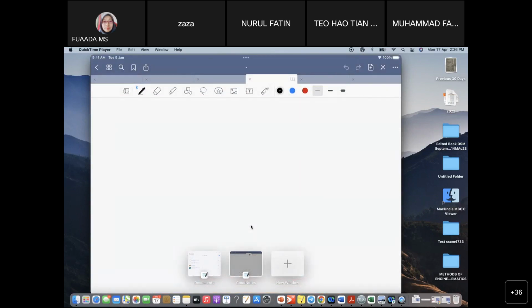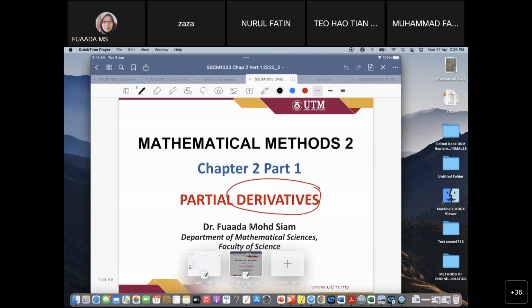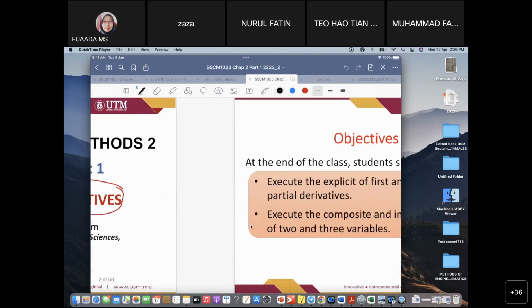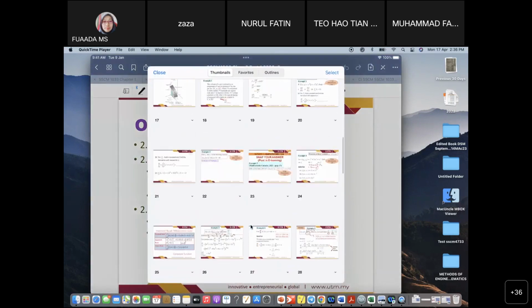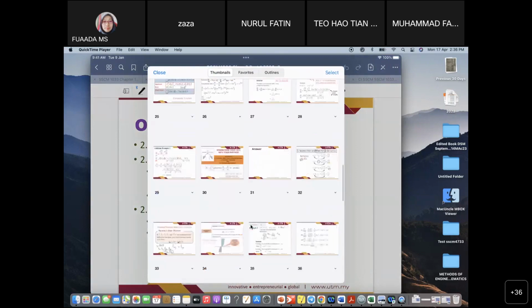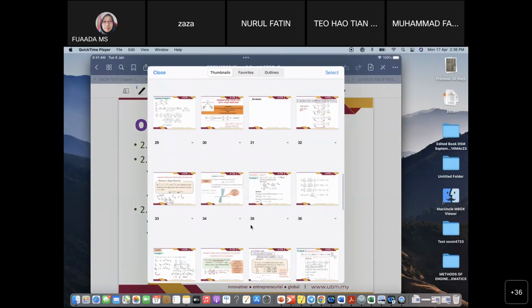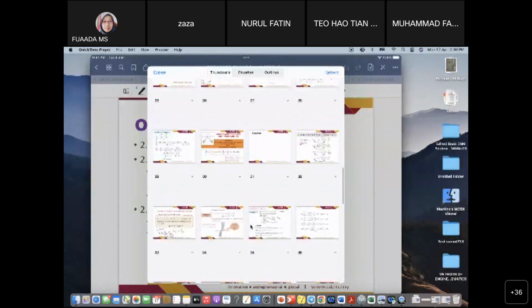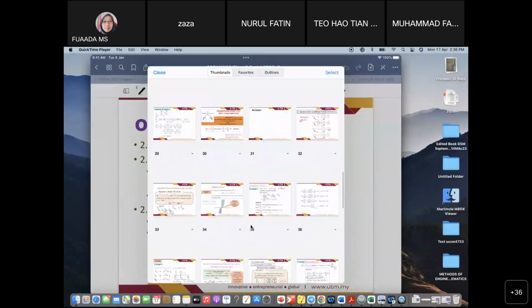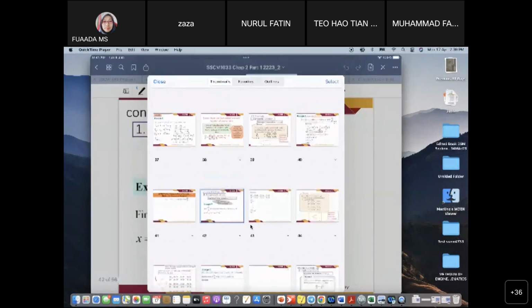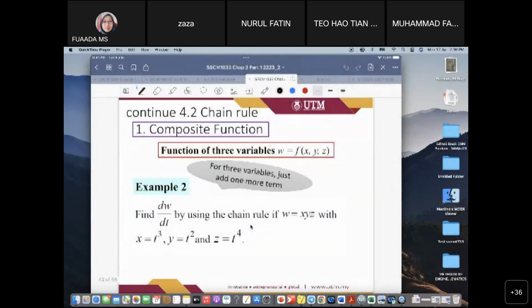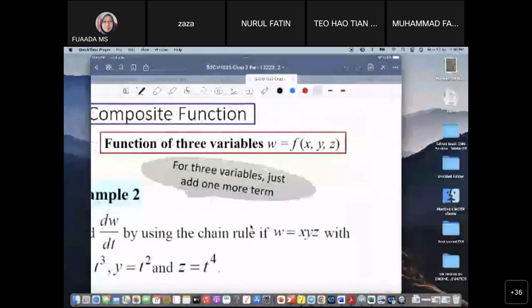Okay, so what's next? Okay, next example. Now you go to the more layers. Tadi we have 2 variables. Now we go to 3 variables. Okay, now you deal with 3 variable function.